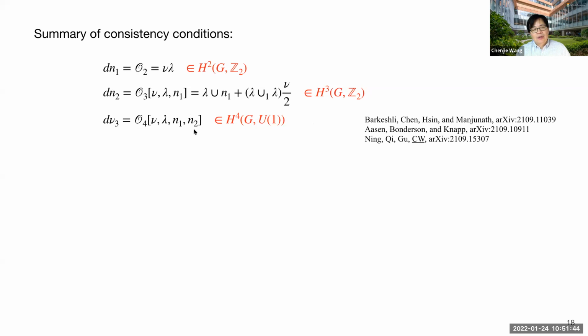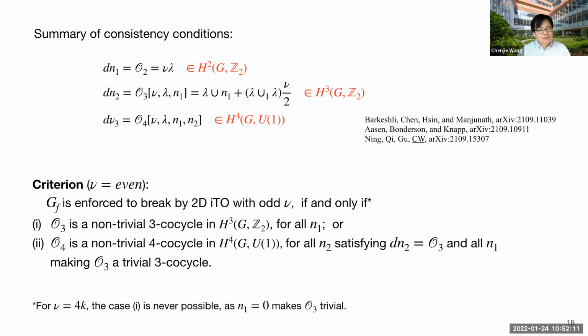And in our paper, to be honest, our expression of O4 is not as complete as theirs. But these papers don't study the phenomenon of enforced symmetry breaking. They purposely study all these consistency conditions. What we were trying to do is find these consistency conditions and then solve them. And one of the most interesting solutions to these consistency equations are the incompatible cases.